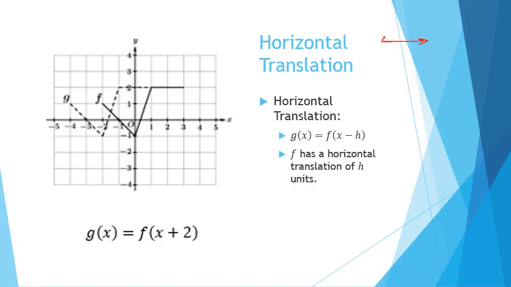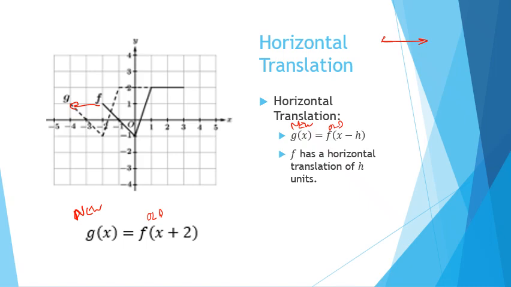This is a horizontal translation where this is our old graph, and then g of x is our new graph. So here, if we have f of x plus 2, f of x is our old graph, and then g of x is going to be our new graph, where we move this 2 units to the left.